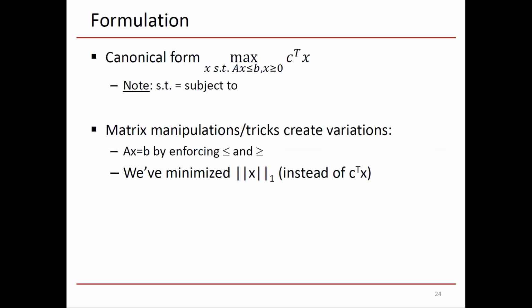So our formulation involves a canonical form. We're maximizing C transpose times X. So C transpose is an input.